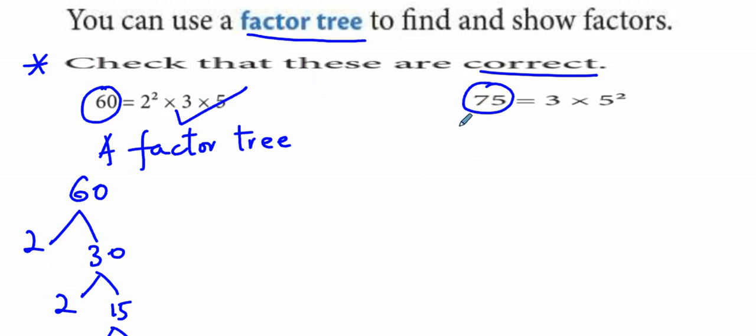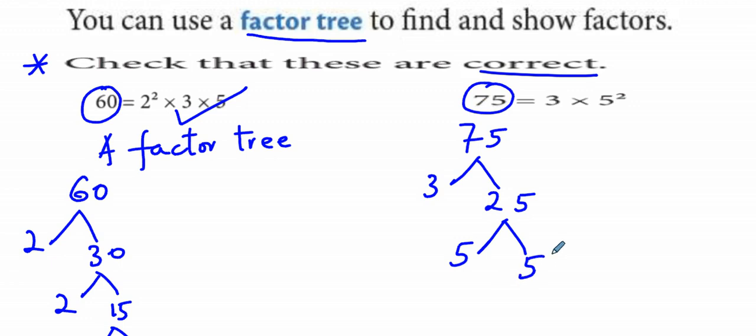Okay, how about 75? Is 75 divisible by 2? No. By 3, yes. That comes to 25. And this continues getting broken into smaller factors. 25 divided by 5 is equal to 5.